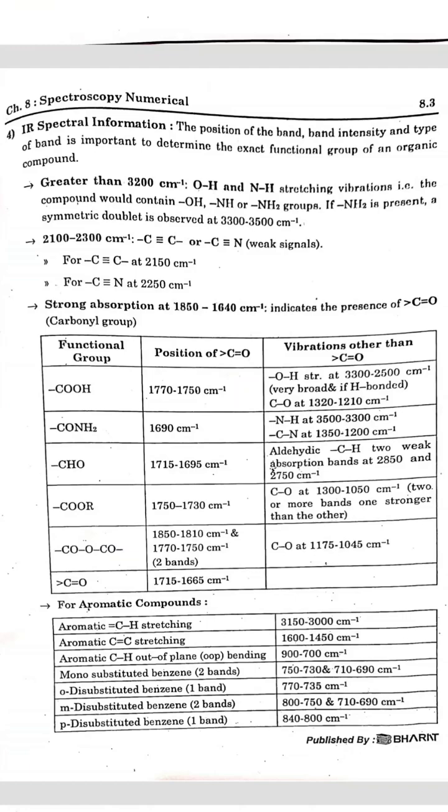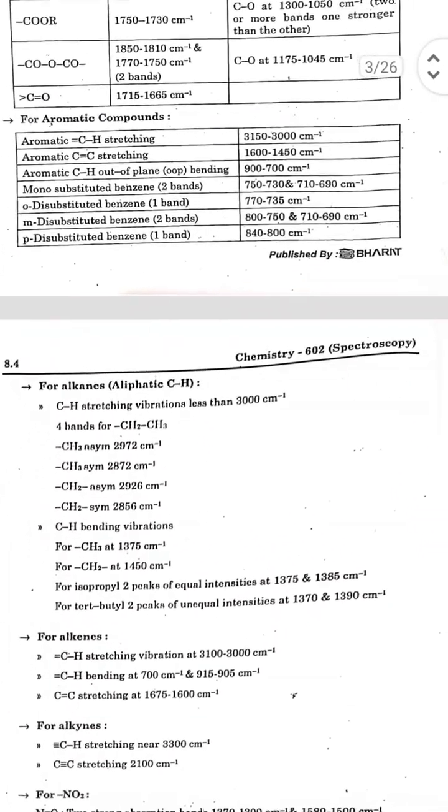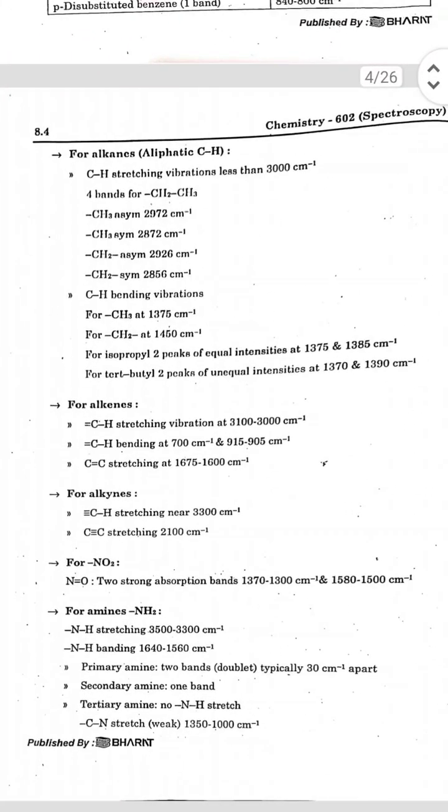All the vibrations and calculations are given here. This is not for your exam, in the exam the details will be given on the last page of your question paper. Okay, so you don't need to remember this, just understand.